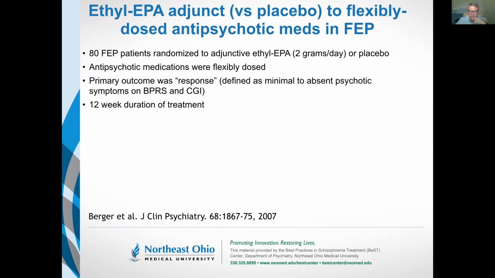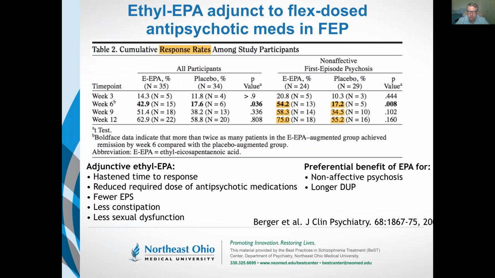A different study looked at 80 individuals with first episode psychosis. They were given EPA at a dose of 2 grams per day, and they found higher response rates in the individuals that had received EPA treatment.